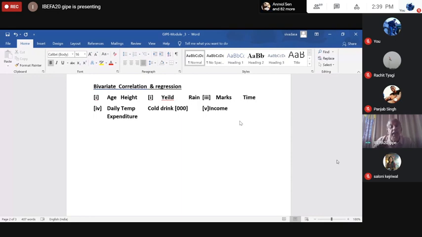In every example, we have a dependent variable as well as an independent variable.